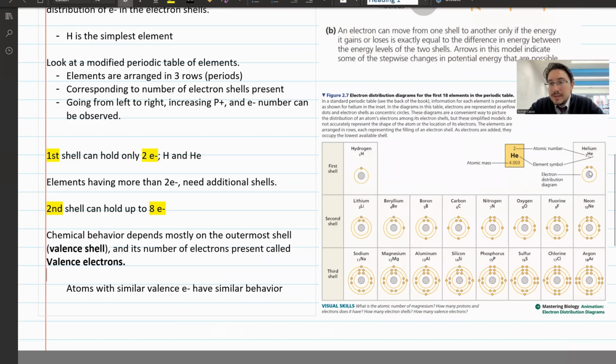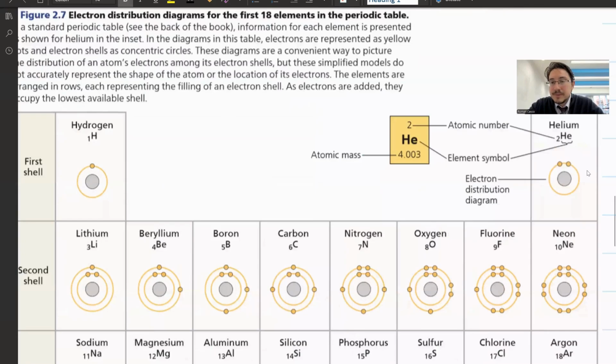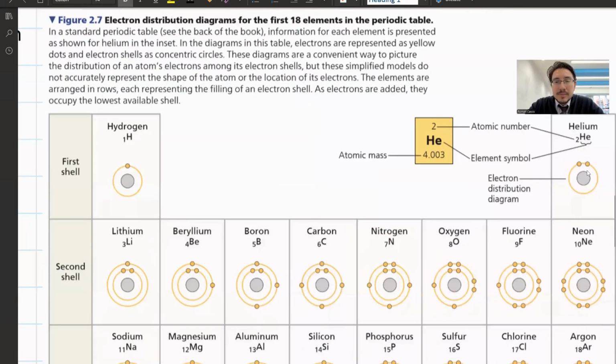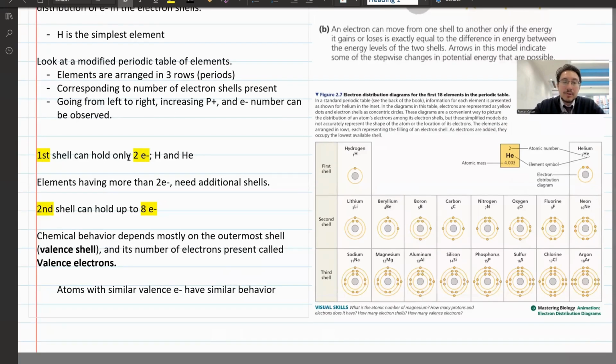For example, helium having two protons has two electrons, and you see these two electrons in the electron shell. Some characteristics to note: the first shell can only hold two electrons. And the only elements that have one shell are essentially hydrogen and helium.